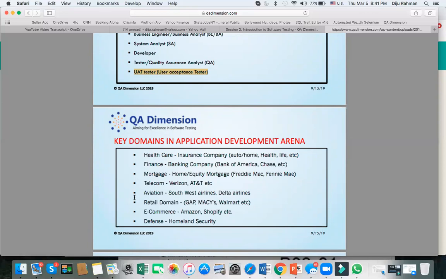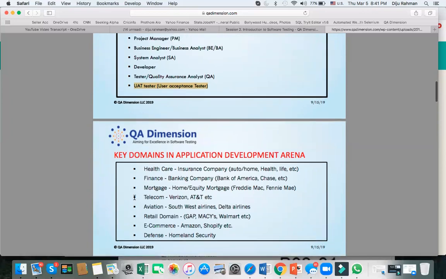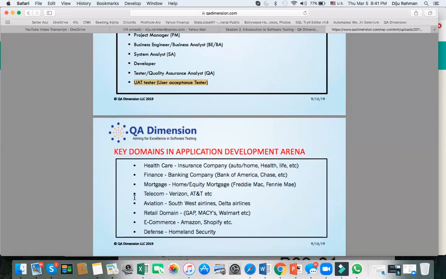And then a business analyst or business engineer will collect the information from the stakeholder, and the system analyst will do all the technical work to give it to the developer. Is it okay so far? And the developer will make the application or software based on the information that he or she gets from the system analyst and from the business engineer.